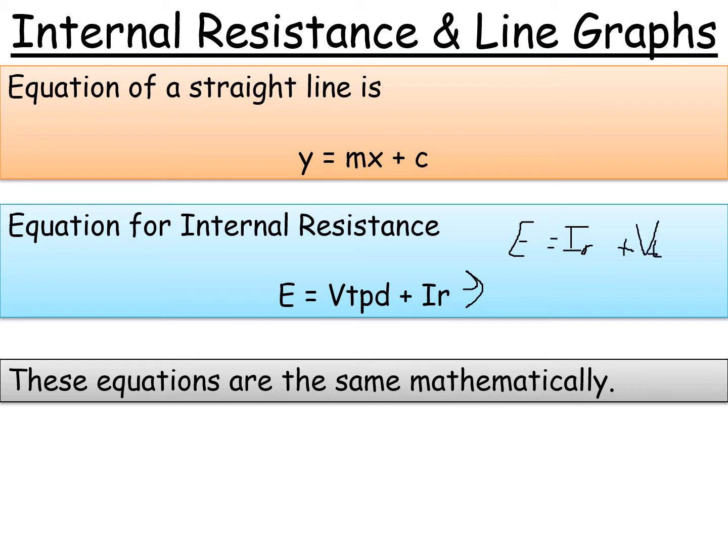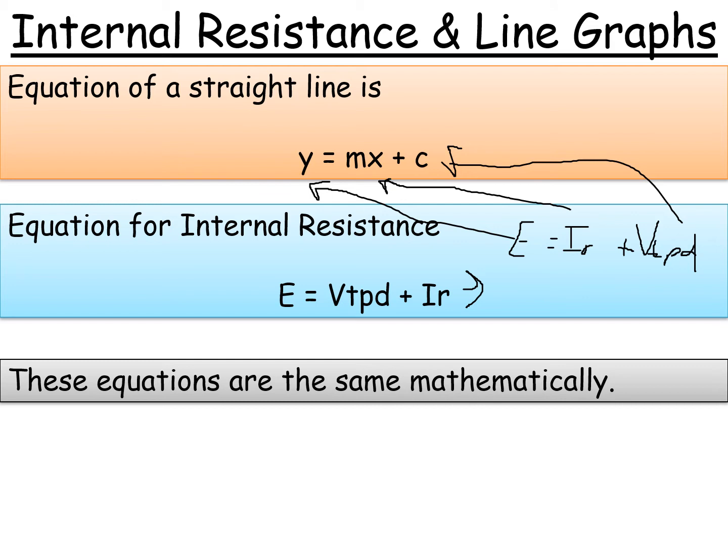Can you see how these equations are now really the same thing, but they've just got different symbols on them? You've got something by itself on the left-hand side, like the y. You've got something that is multiplied by something else, which is like the mx. And then you've got something by itself, which is the y-intercept.